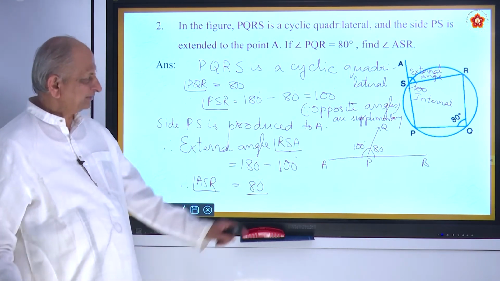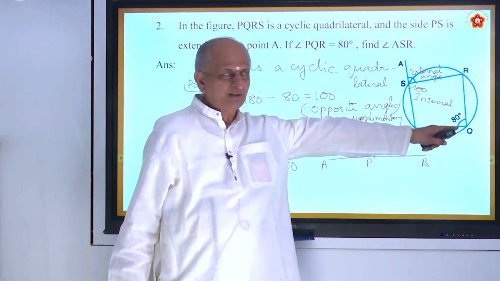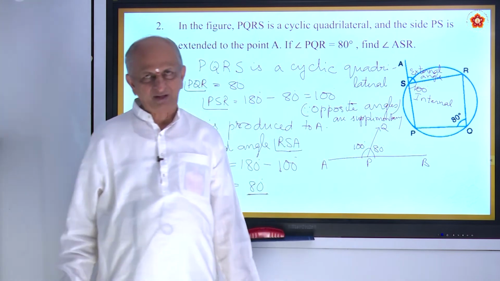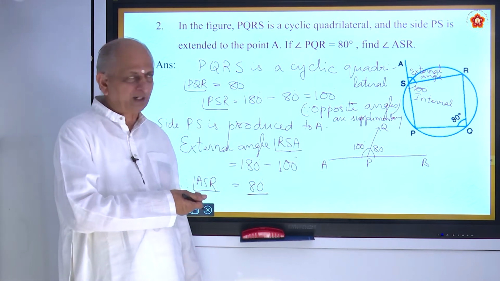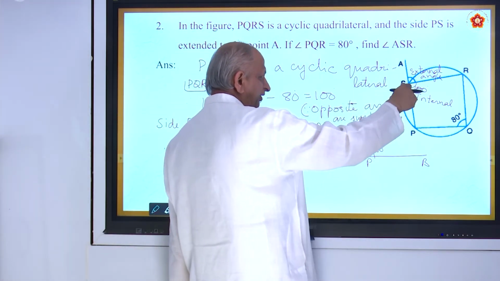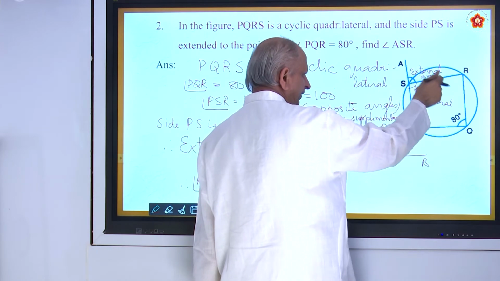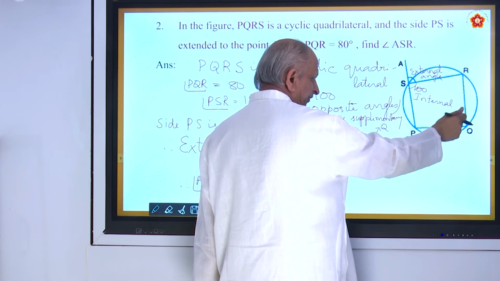So very simple. First you find the internal angle here because they are supplementary. Then you get the external angle. That's all. And it is a very important property of cyclic quadrilateral also. What is that? If any side of a cyclic quadrilateral is produced, the external angle will be equal to the internal opposite angle. This is the internal opposite angle.